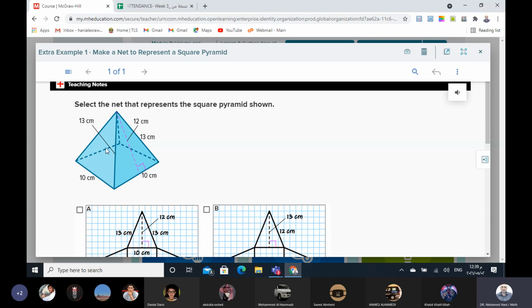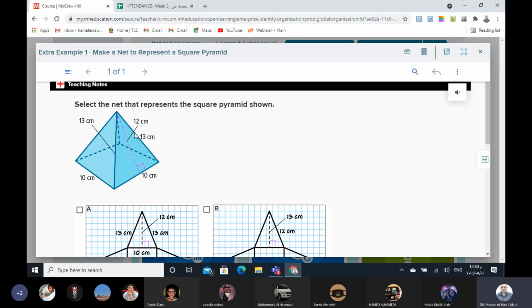Each one will be a triangle. And here is the slanted height. The slanted height here will be 12. And here the side of the base will be 10. And the base of the triangle also will be 10.